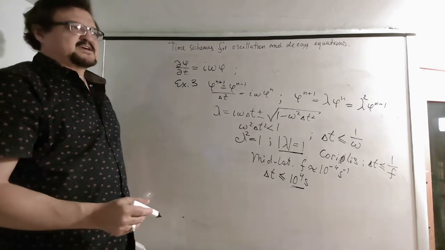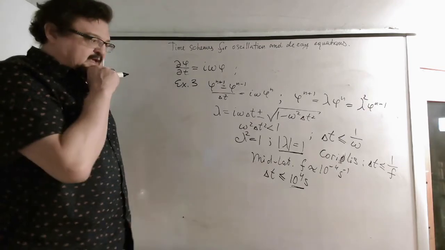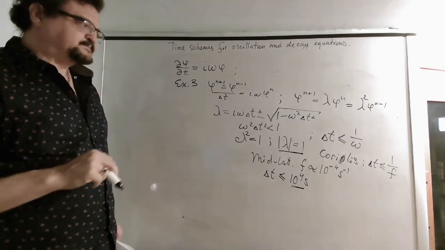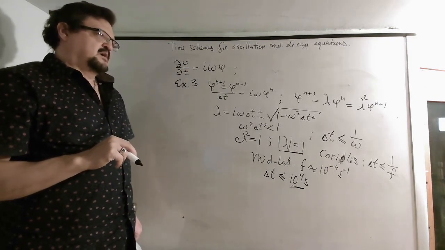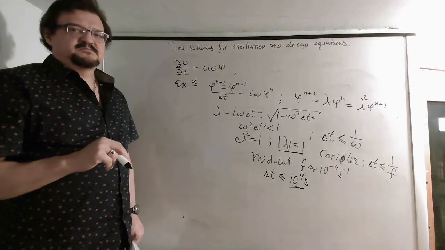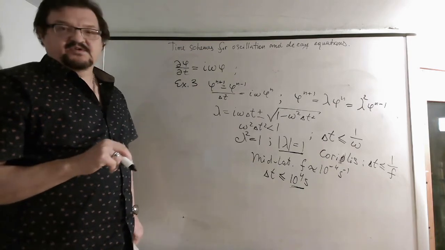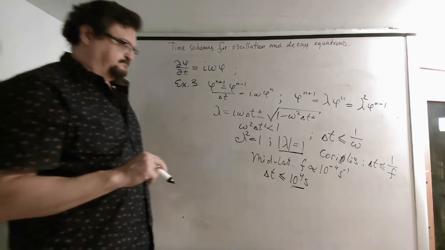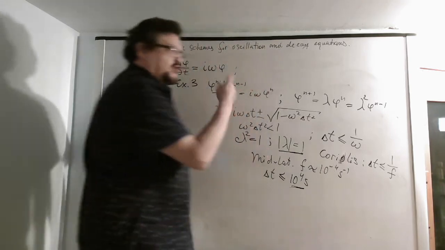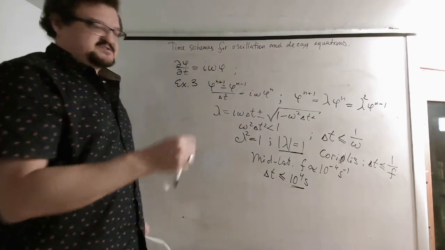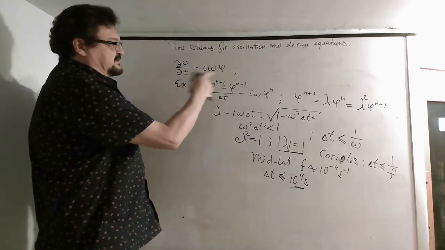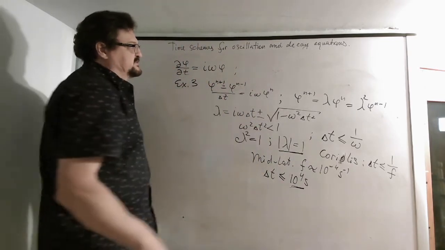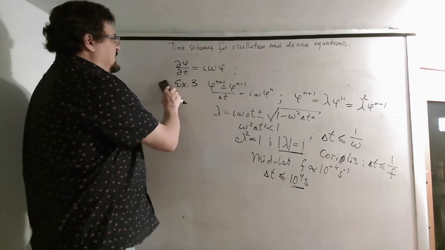It's 10,000 seconds, so about 3 hours. So there is usually no problem with the Coriolis force if you use the leapfrog scheme, because your other processes will dictate much smaller time steps than this one. But it's nice to know that the leapfrog scheme would not change amplitude.